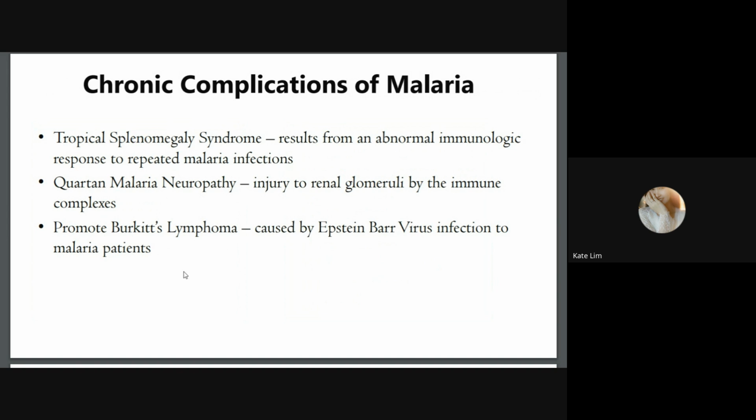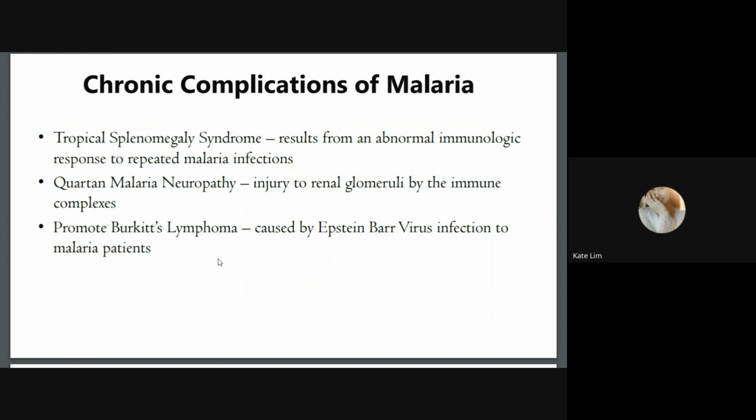When a child is infected with EBV, the immune suppression caused by repeated malaria infections can increase the risk of developing Burkitt's lymphoma. Burkitt's lymphoma is a form of non-Hodgkin lymphoma, which you will learn about later in hematology.